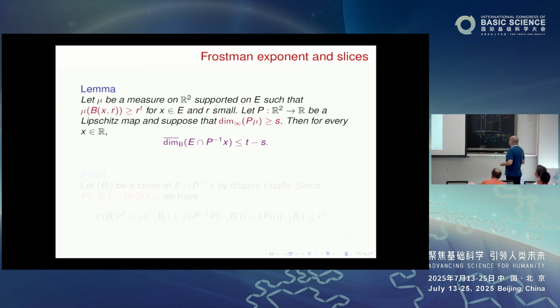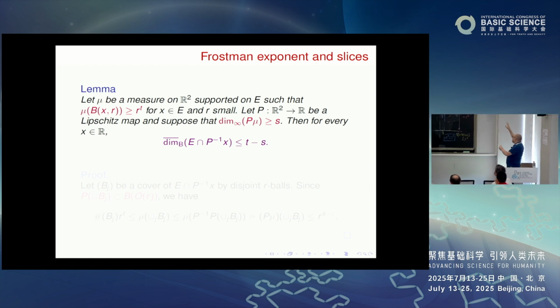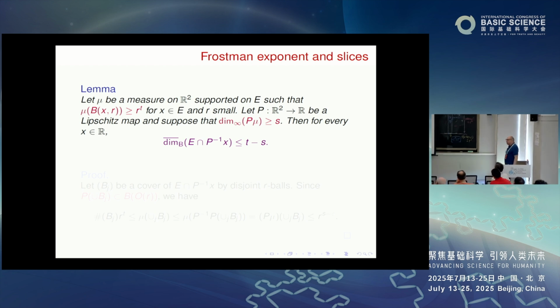Well, there is a very simple connection, which is expressed in that lemma, and the proof is here. So we have a measure on R2, or really any metric space, let us say R2, and we have an orthogonal projection onto R, or any Lipschitz map. So all of this is much more general because it's very, very simple.